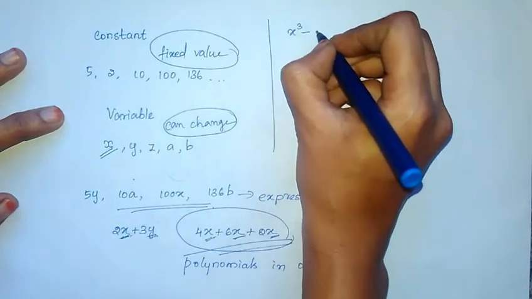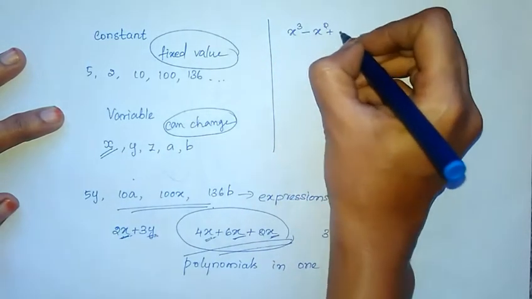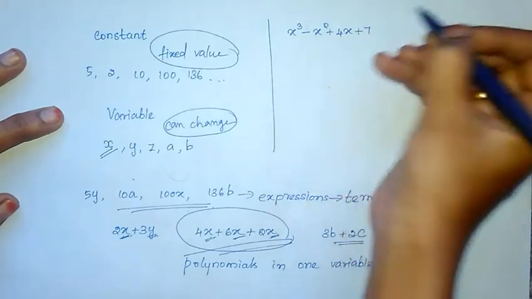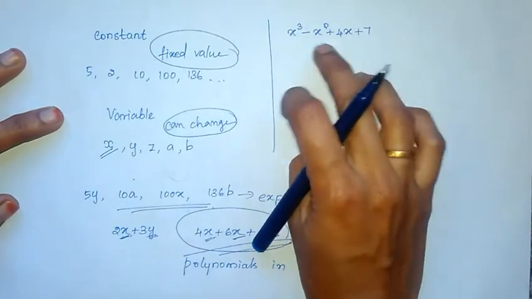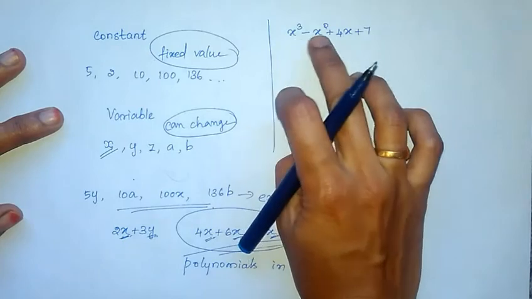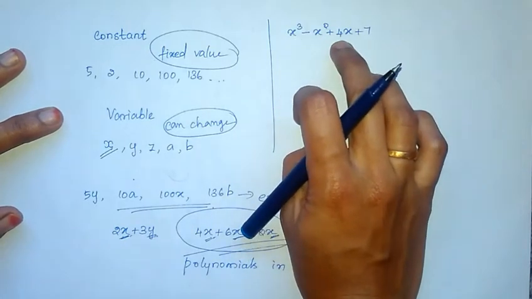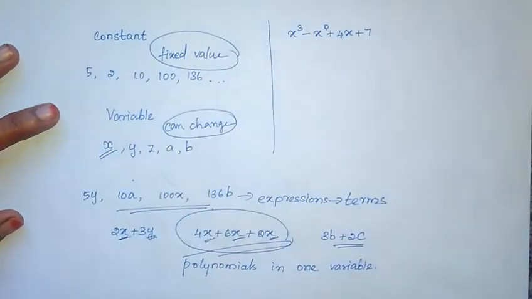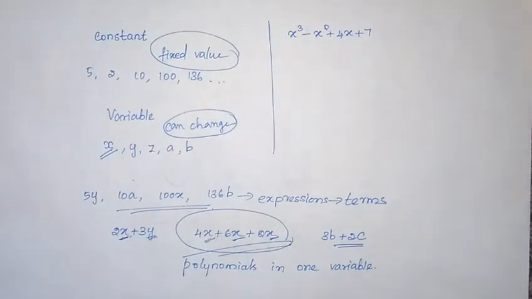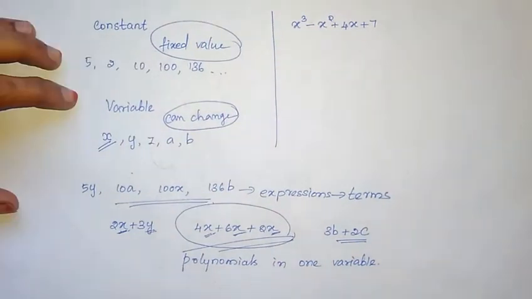Now I am going to write a polynomial. x cube minus x square plus 4x plus 7. In this polynomial we have only one variable, that is x. So this polynomial is also a polynomial in one variable.